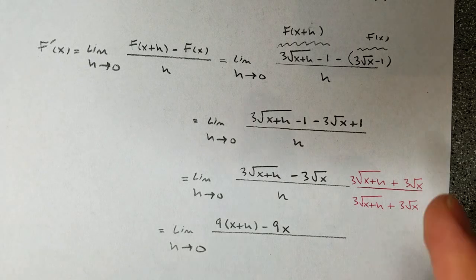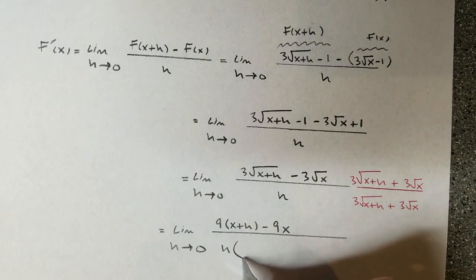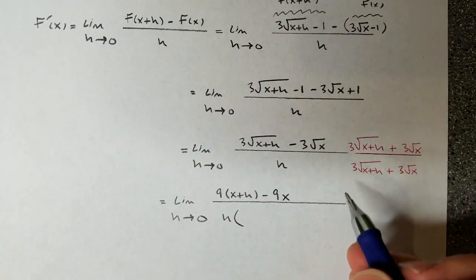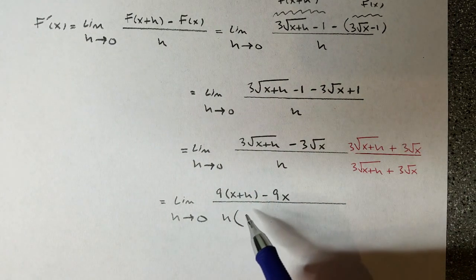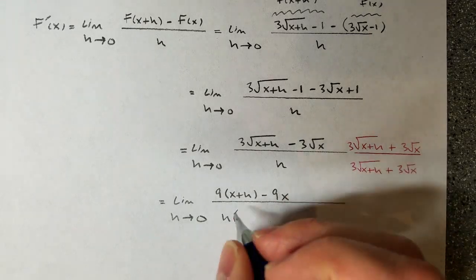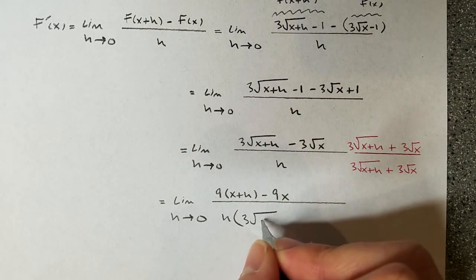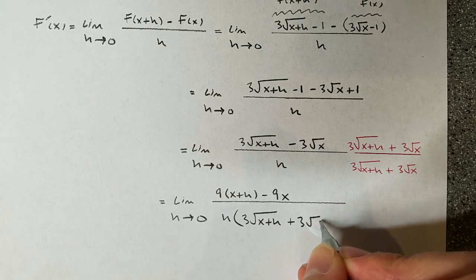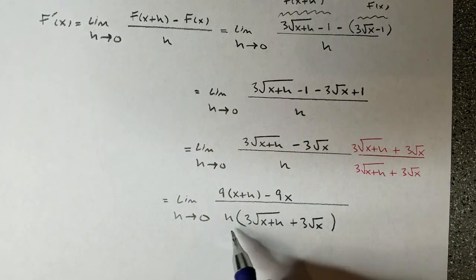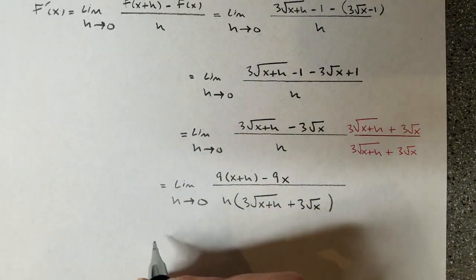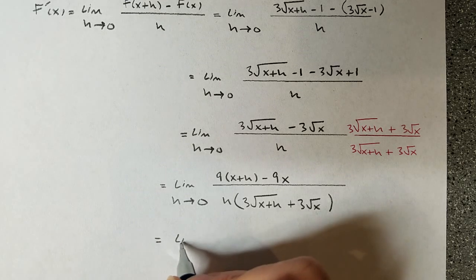Down here, I could multiply all these together, but it will obscure what is going to cancel out of it. So I won't multiply them together. I'll leave the h out, and I'll just say it multiplies this. Okay, so like that. So I'll leave them apart, in other words. Now, okay, what else can we do? Like when we do this, we have to keep asking, what else can we do?